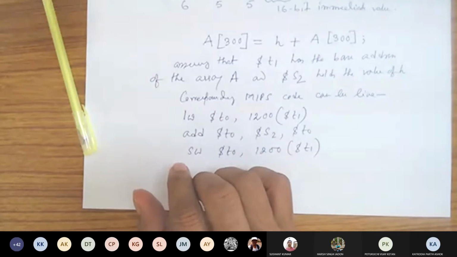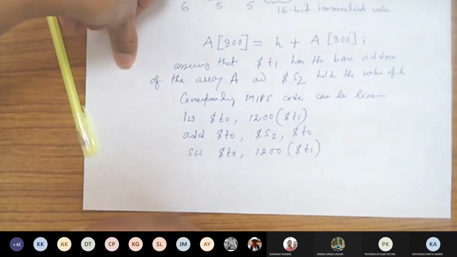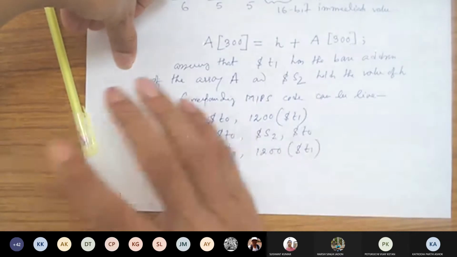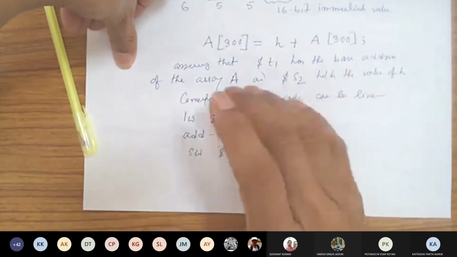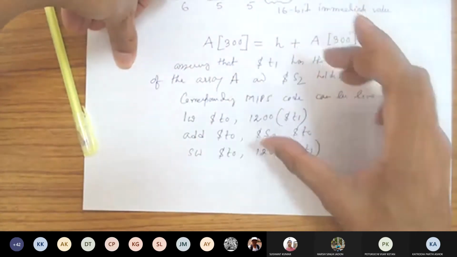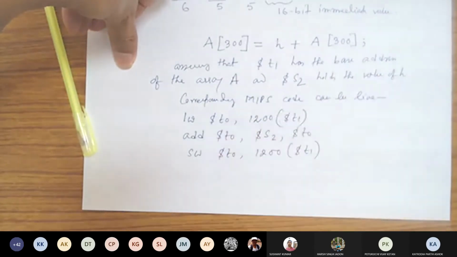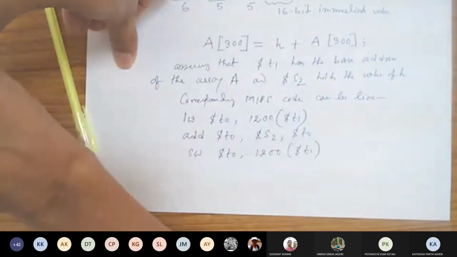The operating system provides it because it is the manager of the entire system. It keeps track of the entire memory available for the program segment, data segment, and code segment, and it provides the base address for those segments.